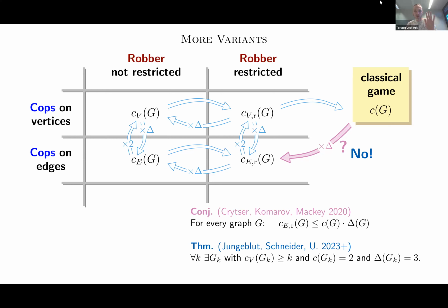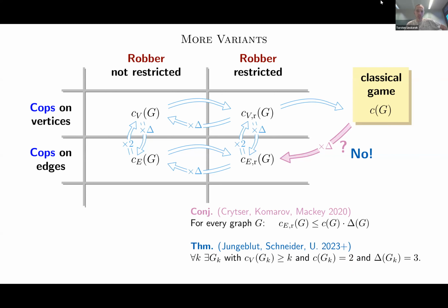And still this holds, which might be surprising. It was also a little bit surprising to us to see this. And of course, you can ask yourself, the same thing with cop number 1 doesn't hold, and the same thing with maximum degree 2 doesn't hold. So this is really in the worst possible way.